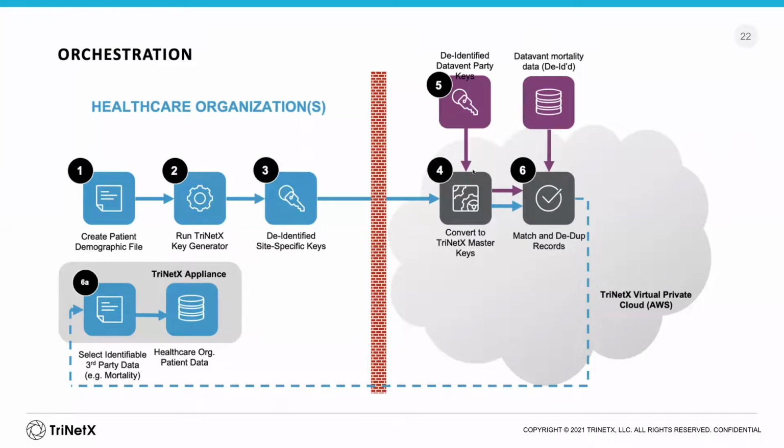Once in the cloud, the de-identified TriNetX keys are matched and deduplicated with the de-identified Datavant keys and the additional Datavant mortality data. And then this data is fed back to the healthcare organization's TriNetX appliance and made available to their researchers in the TriNetX platform through a newly created enriched network.